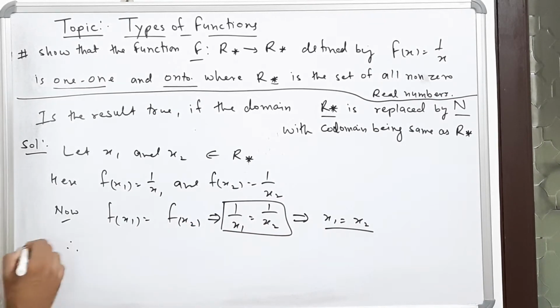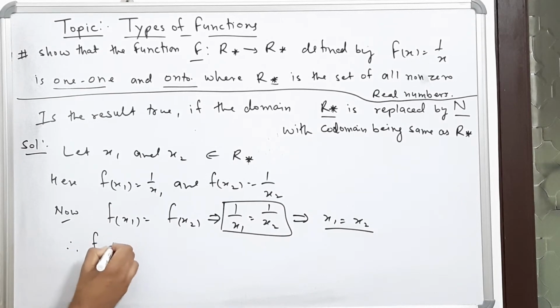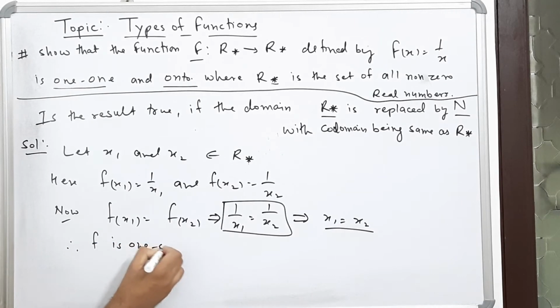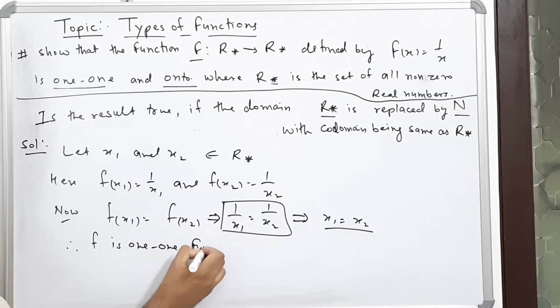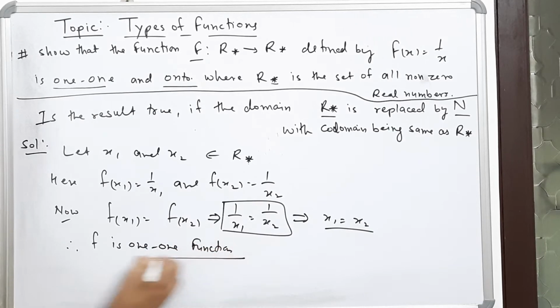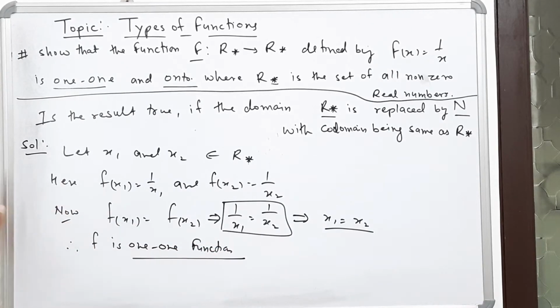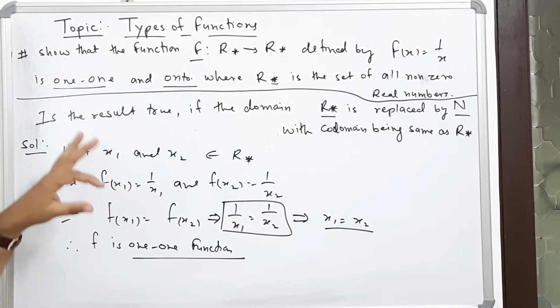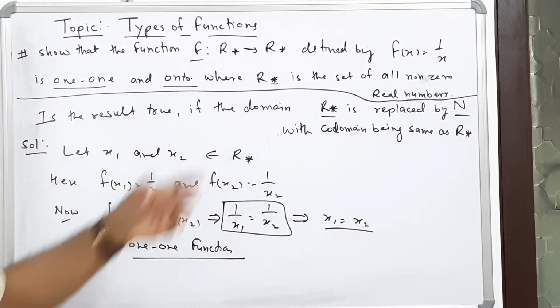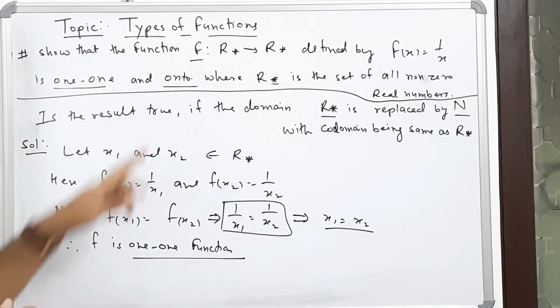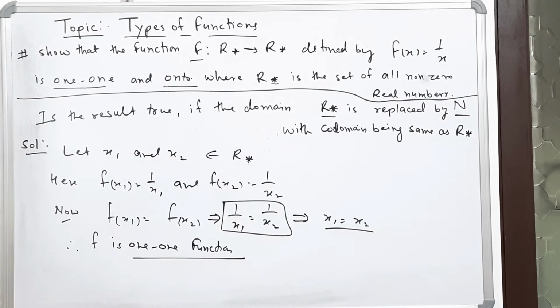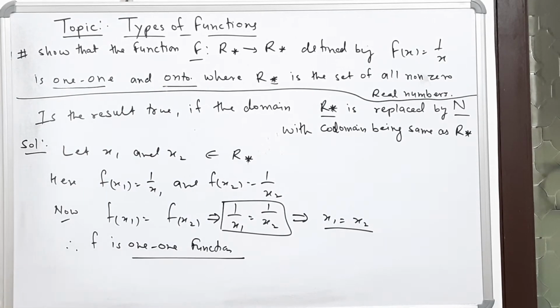So we say here that f is a one-one function. That is the meaning of one-one function. So the first part is that f is one-one. Now I am explaining that f is an onto function. See the second part.